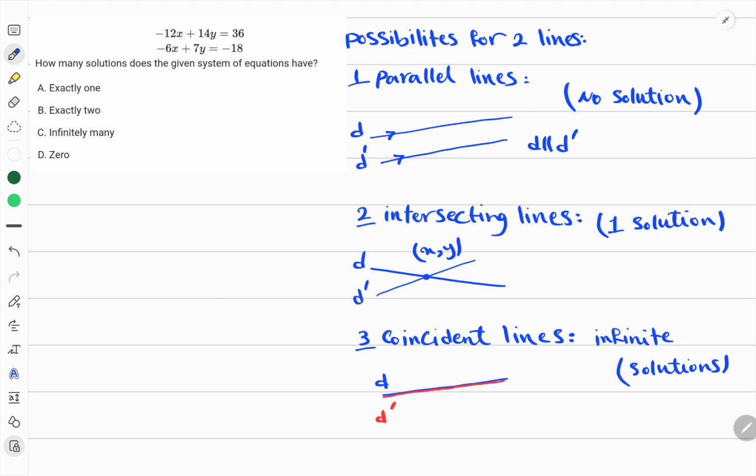And now how can we find the number of solutions when we have a system of equations? We need to compare the slopes and intercepts of the two lines.